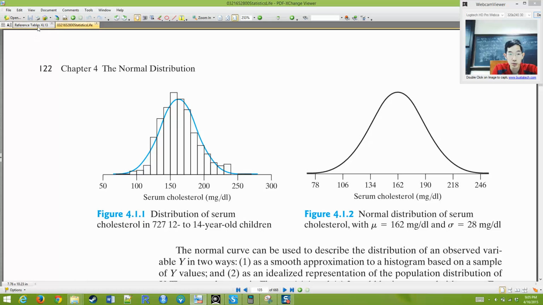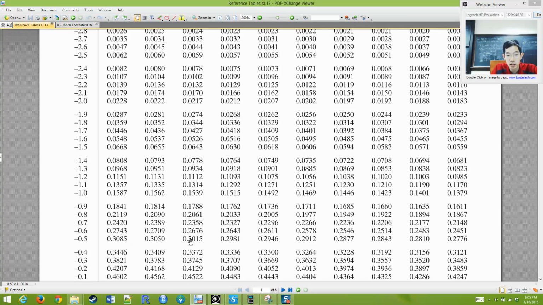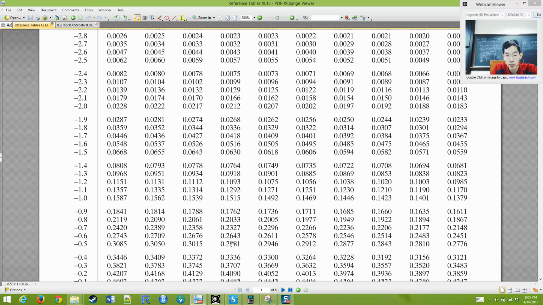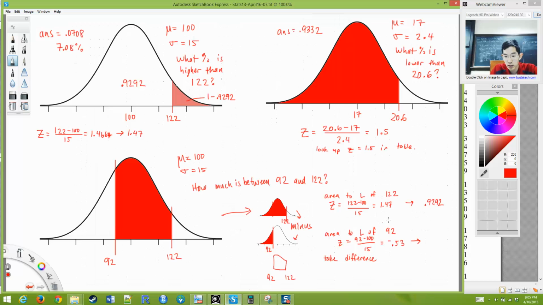The area to the left of negative 0.53, if I look this up in my table, gives me 0.2981. So the difference is going to be 0.9292 minus 0.2981, and I'm left with 0.6311.